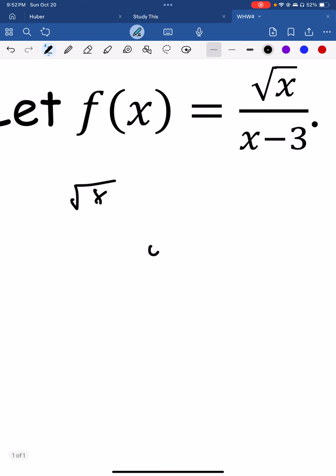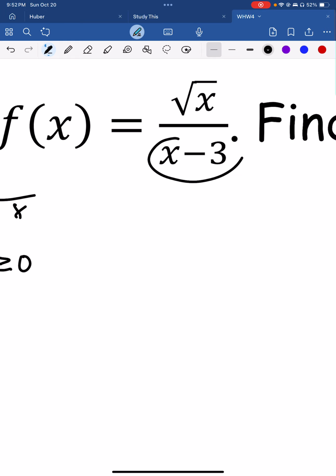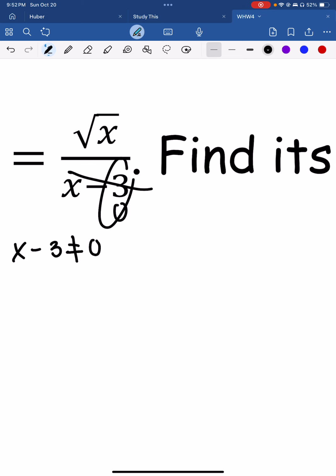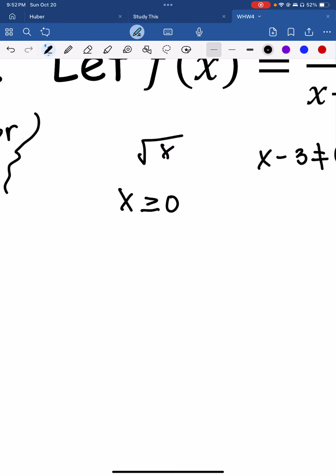So that means x has to be greater than or equal to 0. For the denominator, it can be a negative number, but it cannot equal 0 because it would give me an undefined slope. So these are the two things we have to check for.